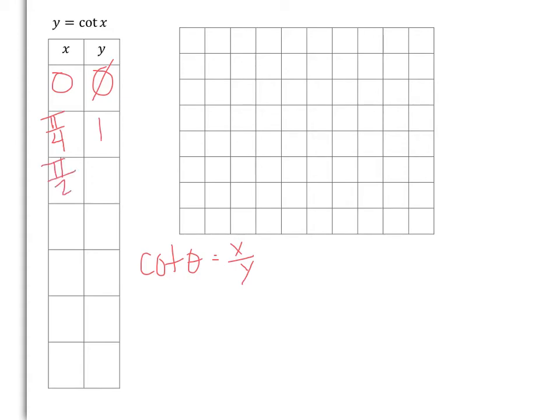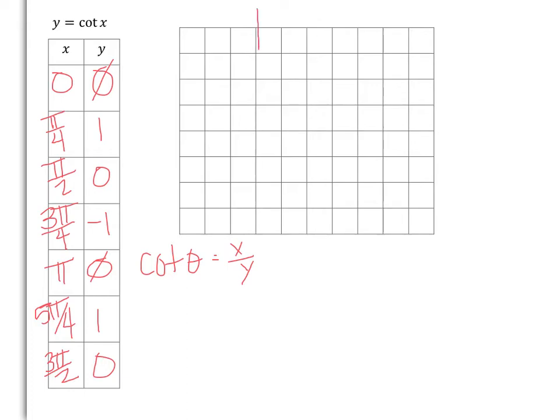Pi over 2, x divided by y is going to be 0 over 1, 0. 3 pi over 4, still going to be negative 1. Pi, x divided by y, negative 1 divided by 0, undefined. 5 pi over 4, negative radical 2 over 2 divided by negative radical 2 over 2 is 1. And then 3 pi over 2, we've got 0 divided by negative 1 is going to give me 0.